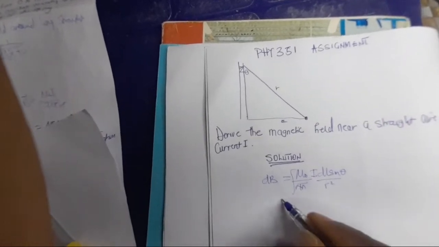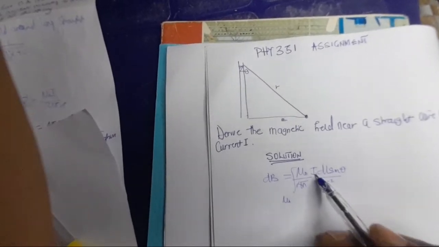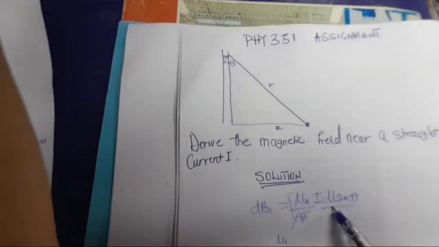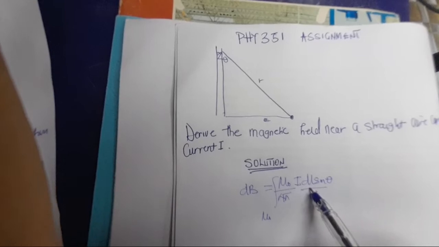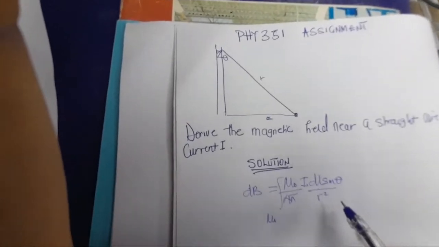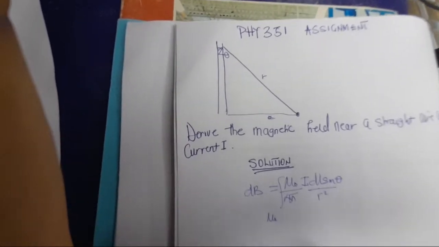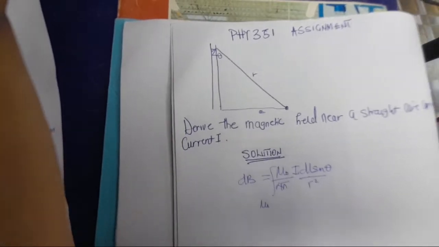You know that mu naught is the permeability of free space, I is the current, dl is the element of length, r is the distance from the conductor to the point where we want the magnetic field, and theta is the angle between them.